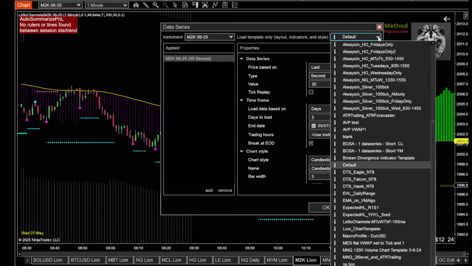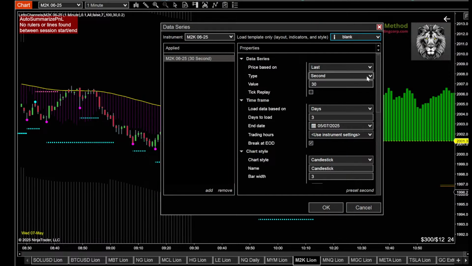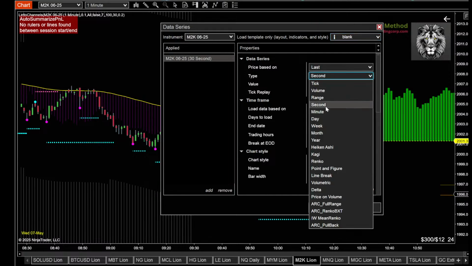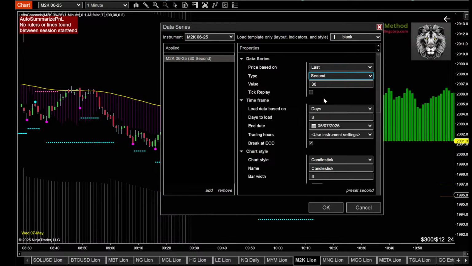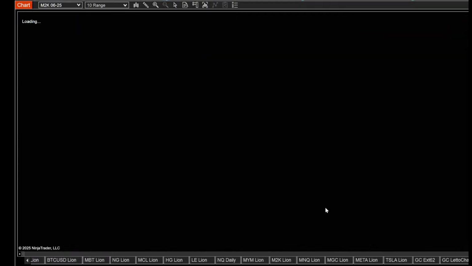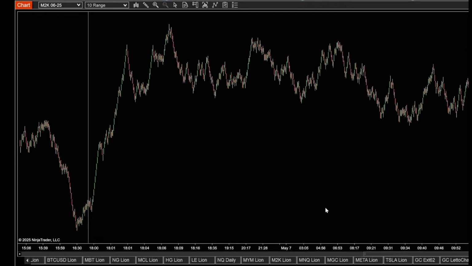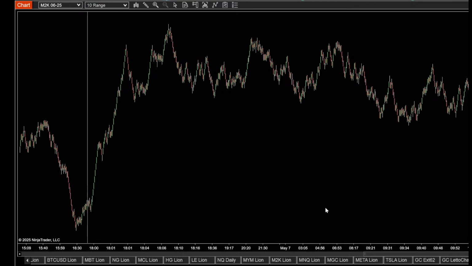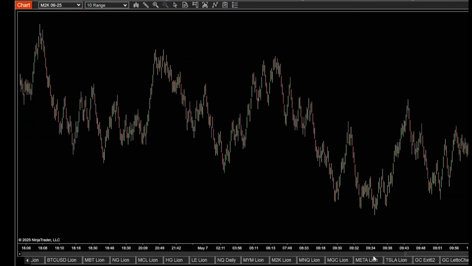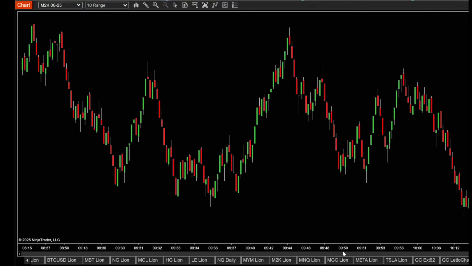M2K, but I want to do a blank, and I don't want 30-second, but I want like a range of, let's try like 10. Go to the new chart, 10 range on M2K.